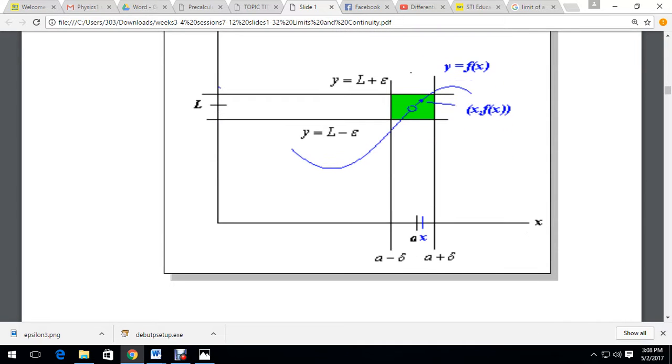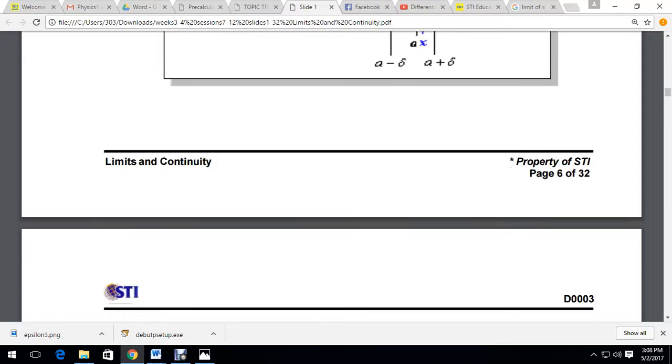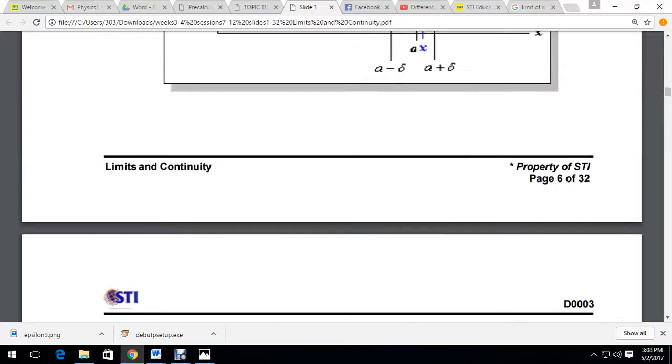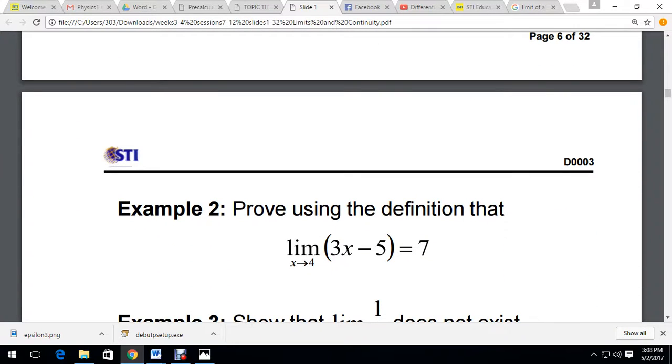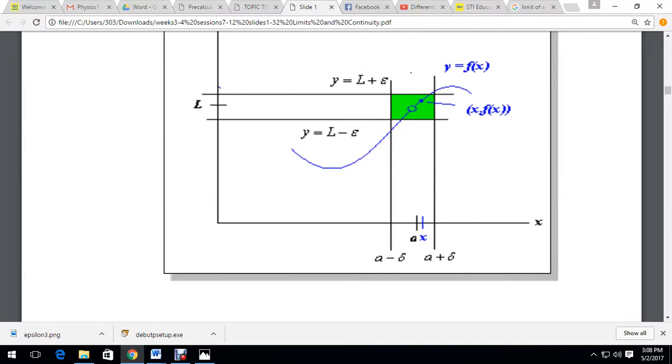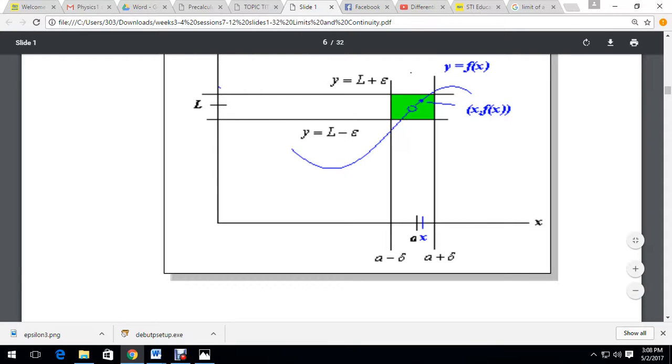If this function here, the blue one, is your expression 3x minus 5, and a here is your 4, then defining your delta within this given neighborhood, by substitution of a in the given function, this should point to the value L on the y-axis, the value of f of x at that particular point corresponding to the location of a on the x-axis.